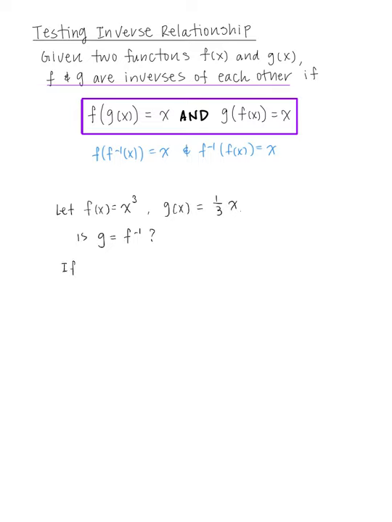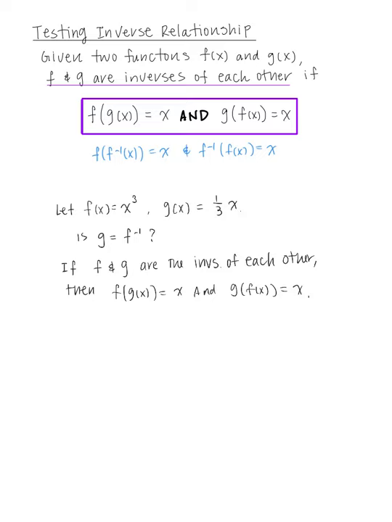If f and g are inverses of each other, then f of g of x must equal x and g of f of x must equal x. So if one fails, then it's no longer an inverse.